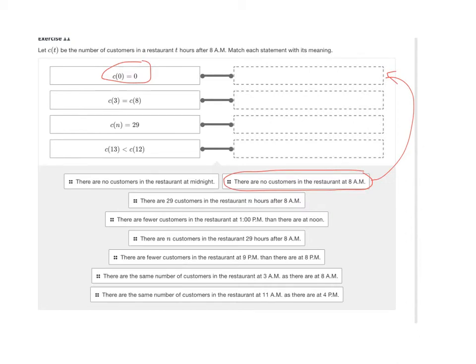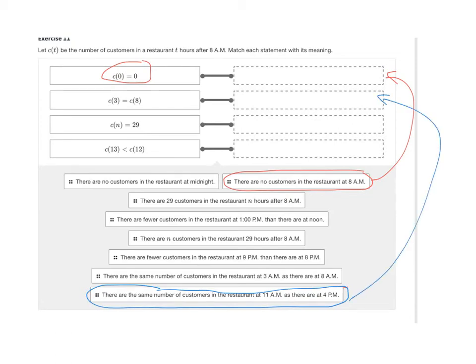There are the same number of people in the restaurant at 8 o'clock, let's see, I think it's this one. There are the same number of customers at 11 o'clock as there are at 4 o'clock. 8 to 9, 9 to 10, 10 to 11. That's correct. 8 hours past 8 o'clock. 8 to 9, 9 to 10, 10 to 11, 11 to 12, 12 to 1, 1 to 2, 2 to 3, 3 to 4. Yep, definitely. So this one is the second one.